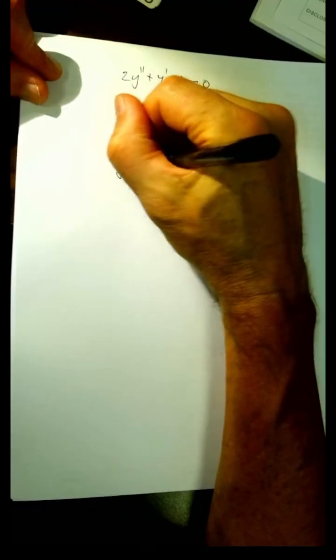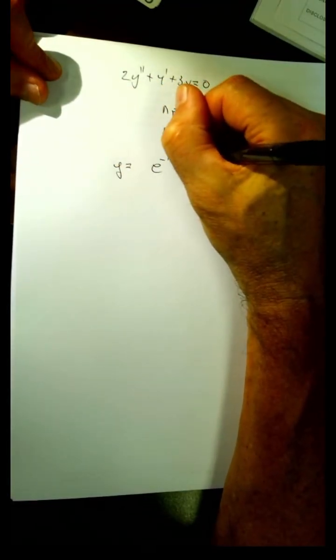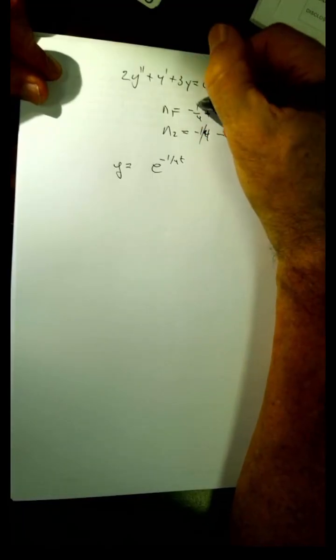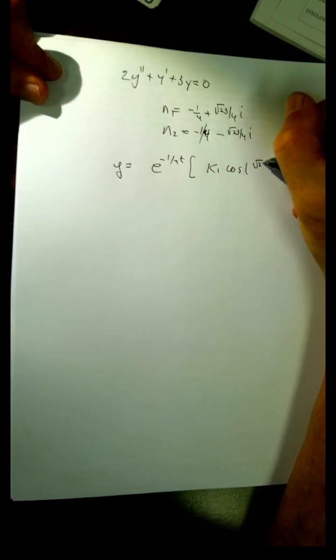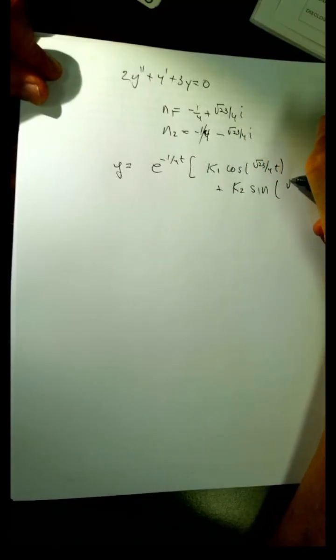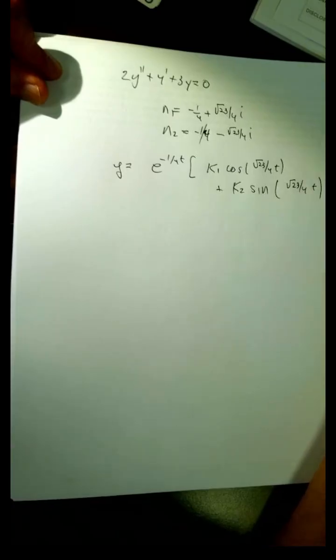So my solution is going to be e to the minus 1/4 t, this comes from this real part, all times, and then for the imaginary part, I'm going to get cosine of square root of 23 over 4 t plus something times sine of omega, which is square root of 23 over 4 t.